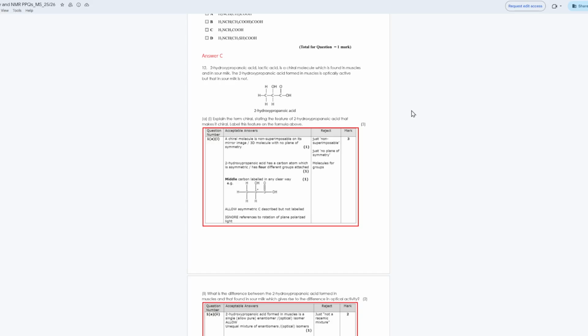The molecule is non-superimposable on its mirror image. What I understand that to mean is you take its mirror image, so it but flipped, and you can't lay them over each other and have them be identical. You'll see something different if you overlaid one over the other.